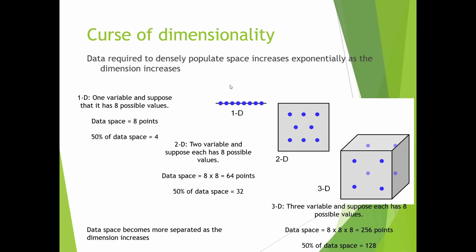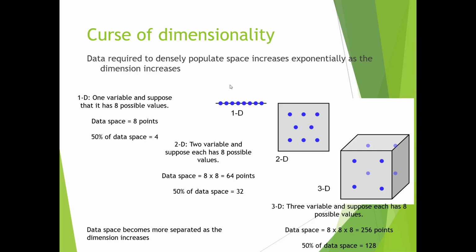Now, if you go further down and add a third variable, we have 8 times 8 times 8, 256 points. Now you need 128 observations to have the same level of representation you started out with.